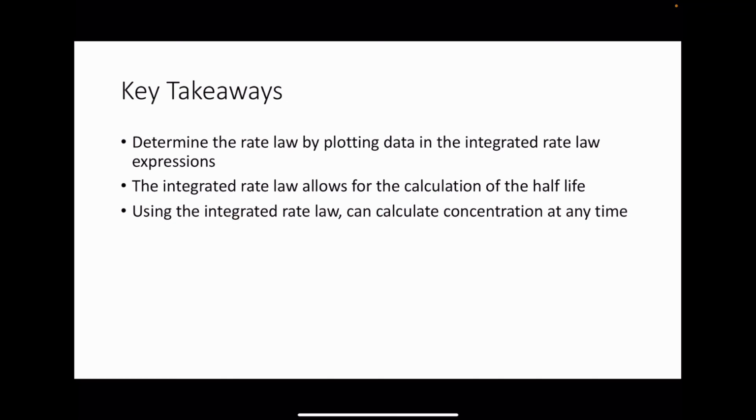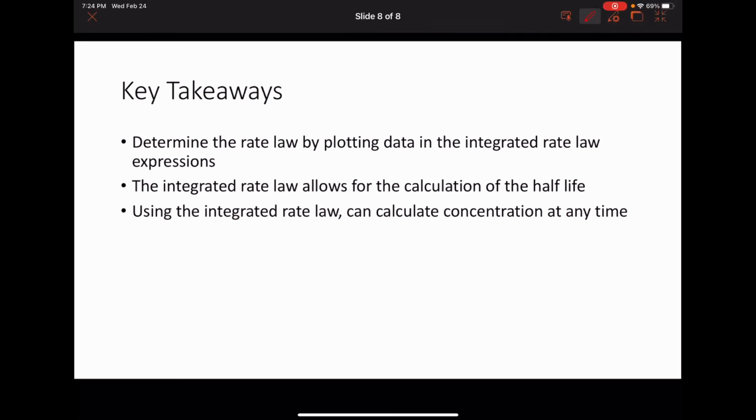Integrated rate laws involve plotting data, fitting it to the integrated rate law of zeroth, first, and second order, deciding which is the best fit, the best linear fit. And then once we have an integrated rate law, we can calculate concentration at any time. So it's actually quite a powerful equation we can use. And with that, we will continue next time.